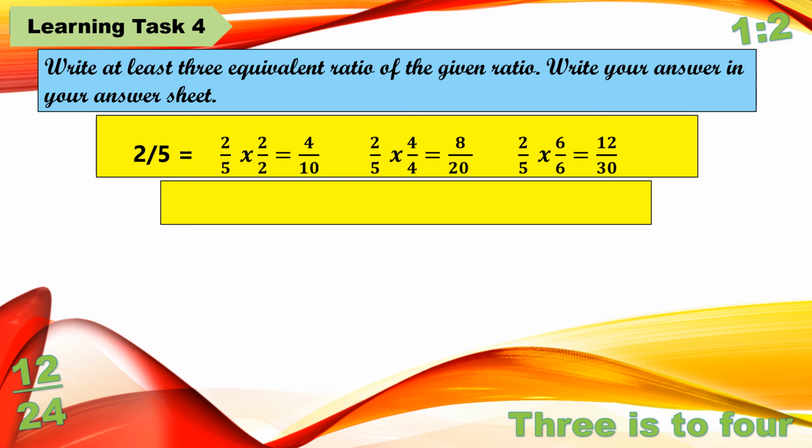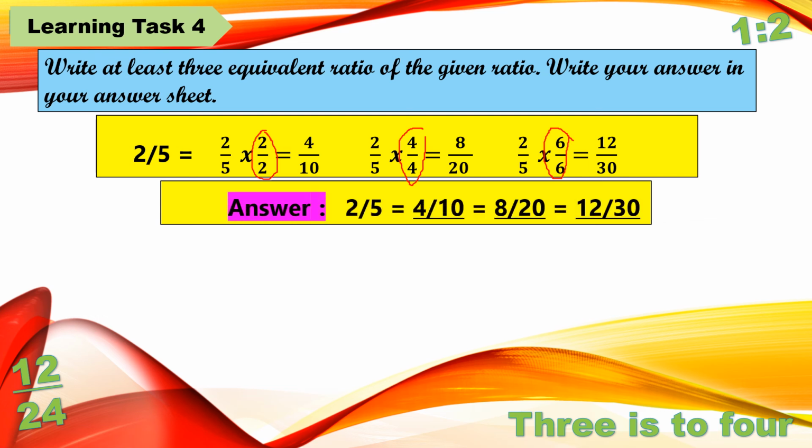So 2/5 times 2/2 equals 4/10. 2/5 times 4/4 equals 8/20. And 2/5 times 6/6 equals 12/30. So the equivalent ratios of 2/5 are 4/10, 8/20, and 12/30. So, maliwanag na ba?